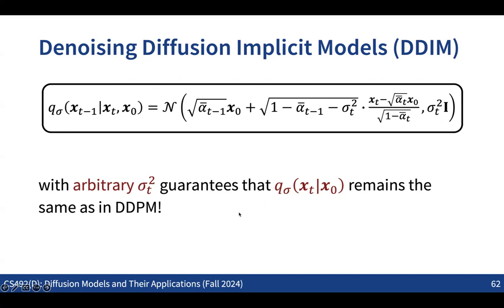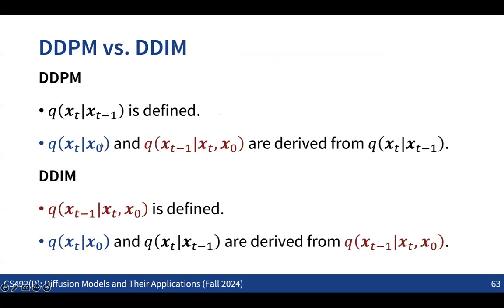The difference between DDPM and DDIM is that in DDPM, we defined the transitional distribution, sampling x_t from x_{t-1}. Based on this definition, we could derive these two posterior distributions. In DDIM, we are not defining the full transitional distribution.